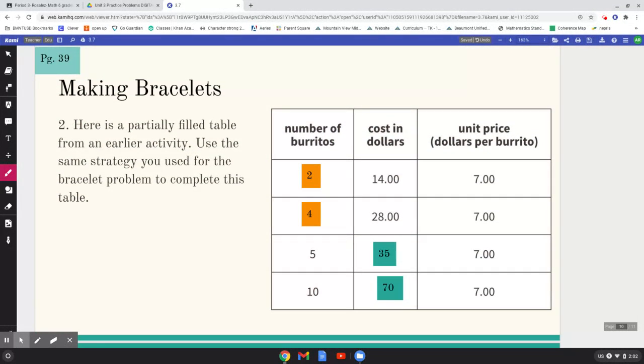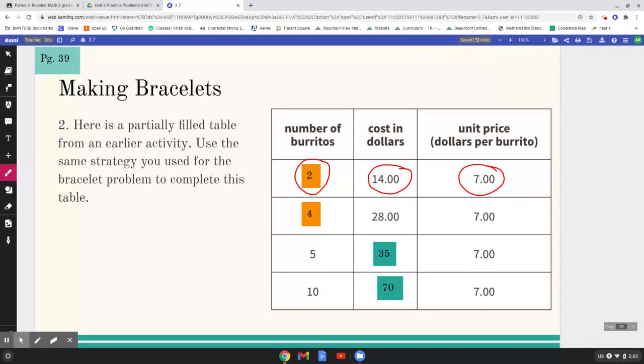And then it says, here is a partially filled table from an earlier activity. Use some strategies we use. So we're just going to complete it. You're thinking, how did they go from 7 and 14? What did they do to find the number of burritos? They divided, and that's how they got 2.